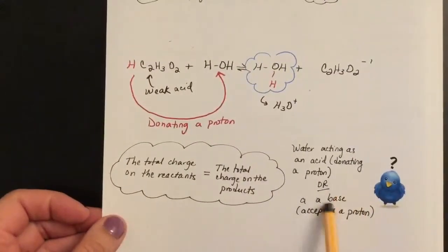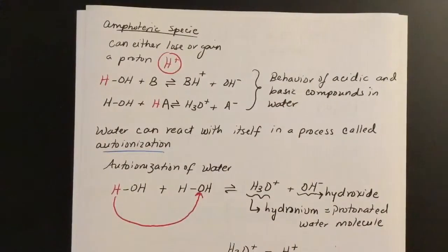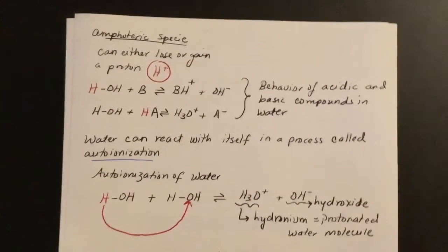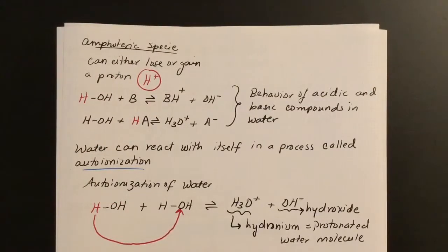So let's look at this right here. Water acting as an acid, water acting as a base. Amphoteric, losing or gaining a proton. So when you have an amphoteric substance, if it's in the presence of a base, it will react as an acid.